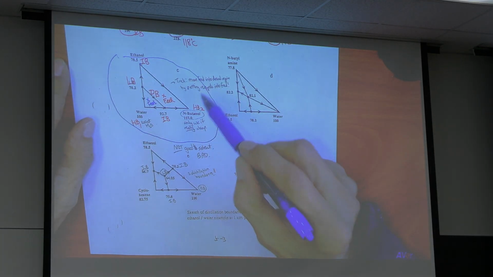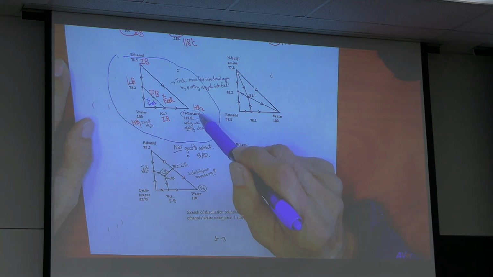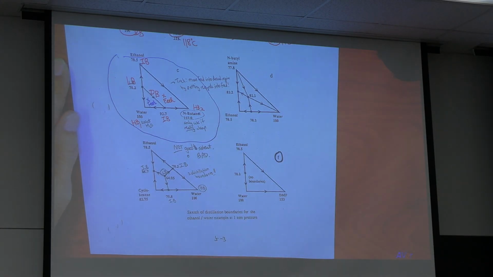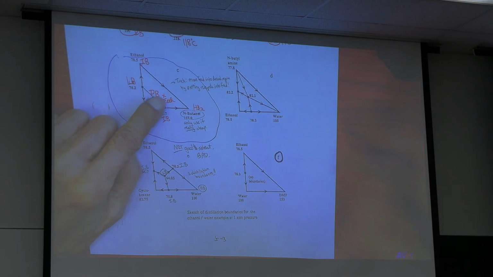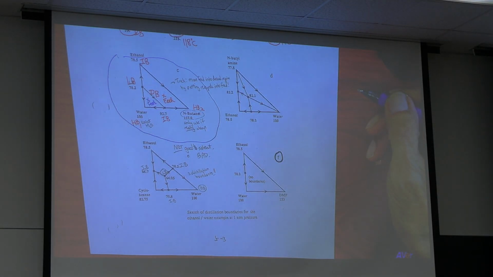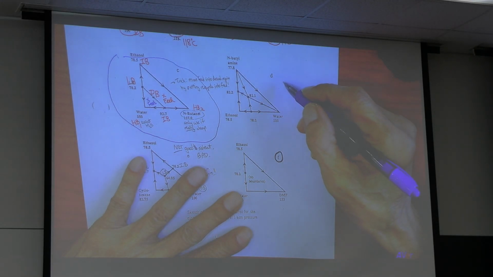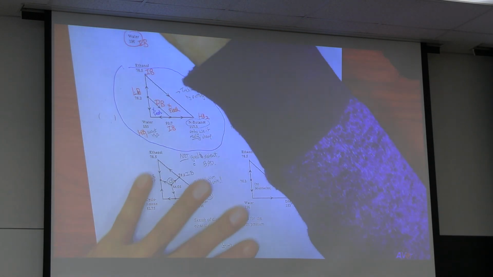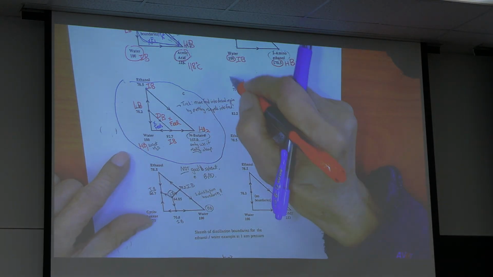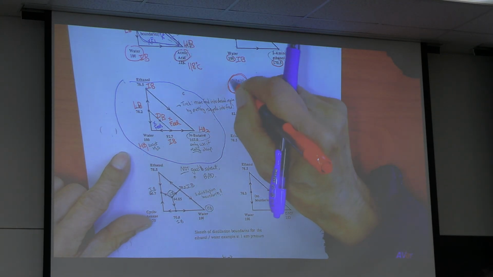But normal butanol as a solvent is a bad idea. I did not circle it. D. This is the potential solvent.